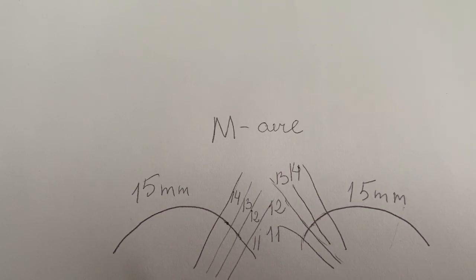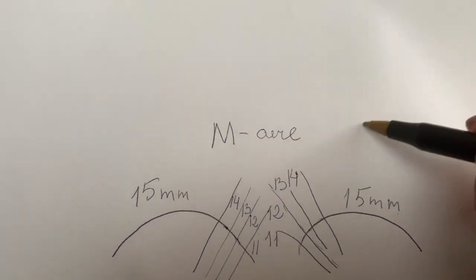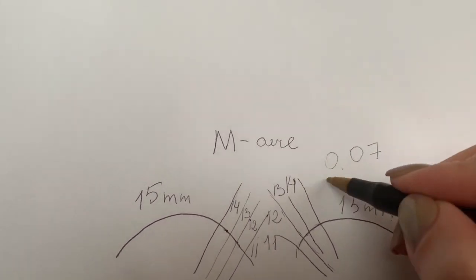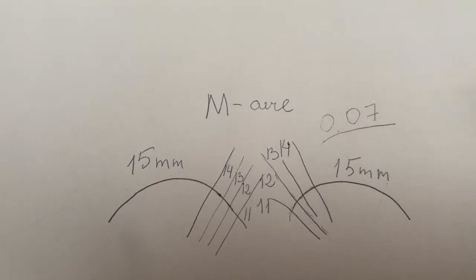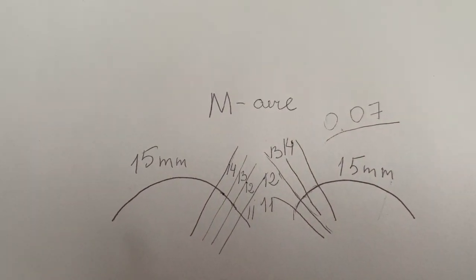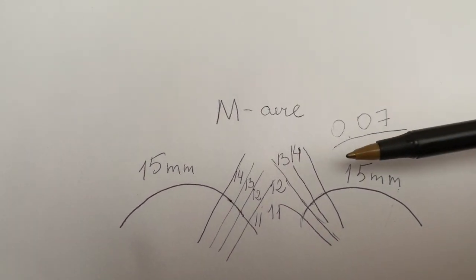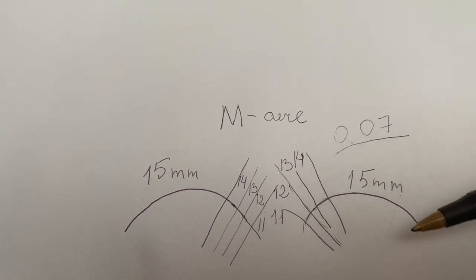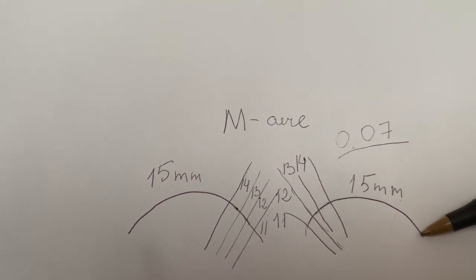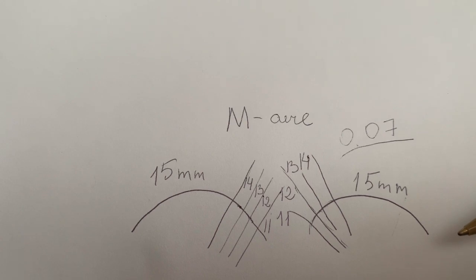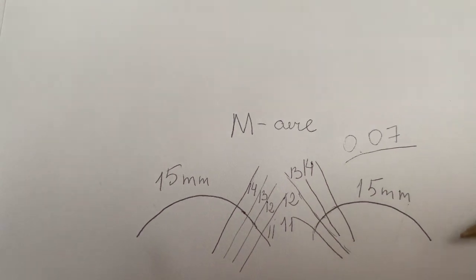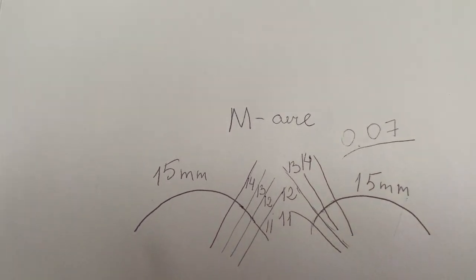All of them are M curl, 0.07 thickness. So this is the best way to achieve open eye and foxy result at the same time with this kind of eyes.